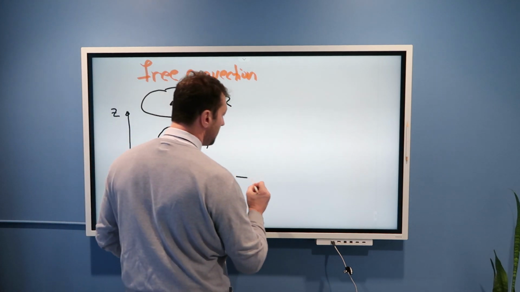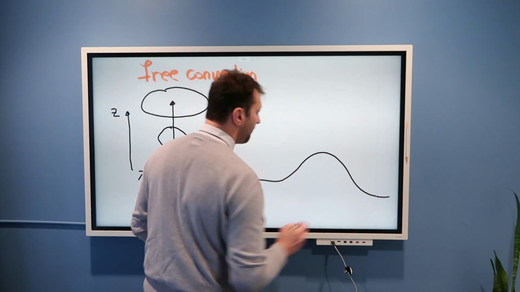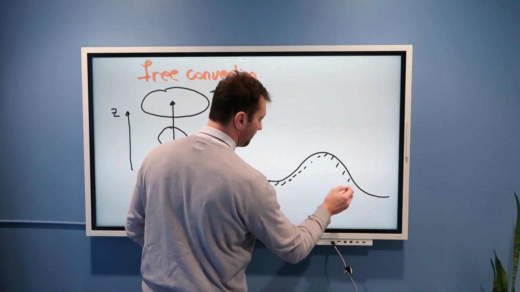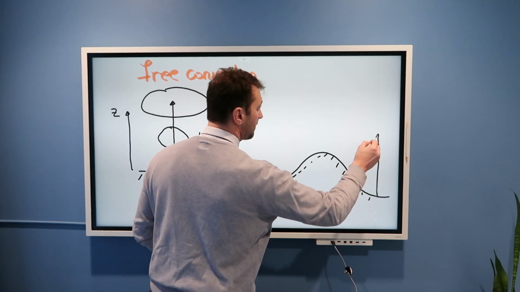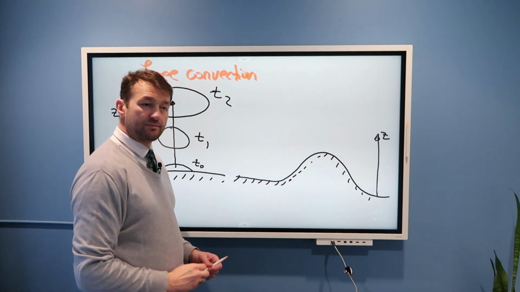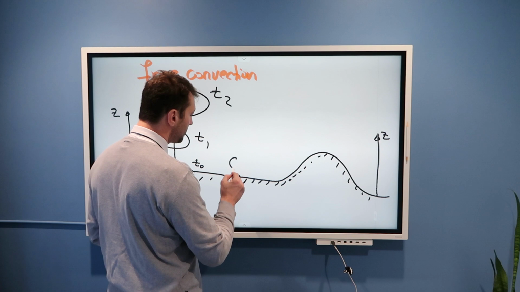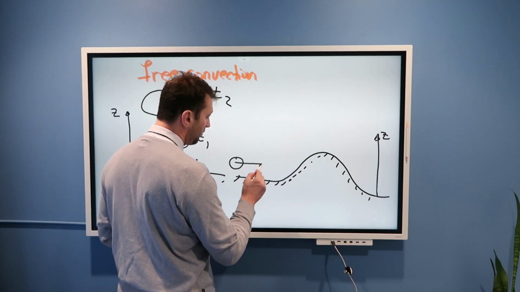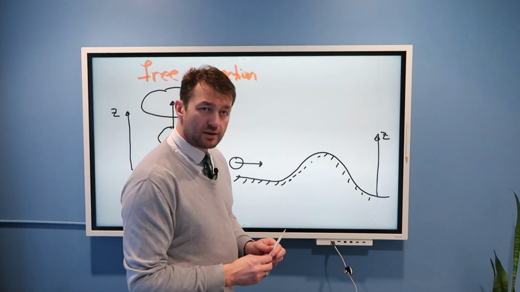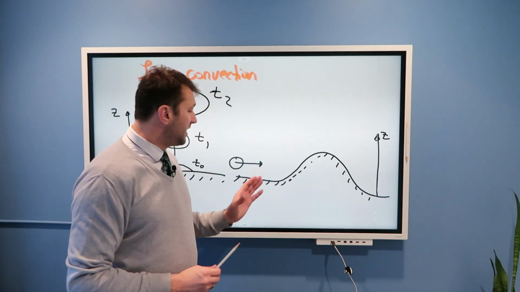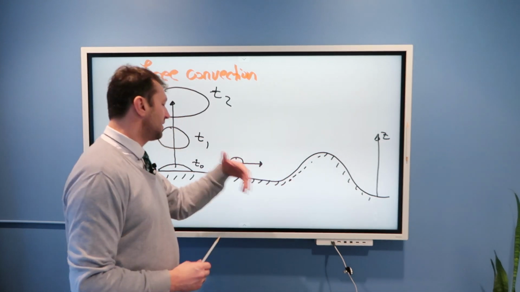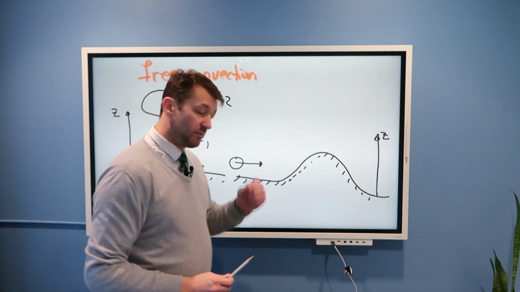Let us see how we can have forced convection. Here is the surface of the Earth. Again, height is vertically up, which means we have a mountain over here. Imagine we have a parcel of air that is traveling towards the mountain. Perhaps it is warm. As we will learn later in this playlist, it doesn't have to be warm for the following to happen, but let's just keep everything with respect to this lecture.